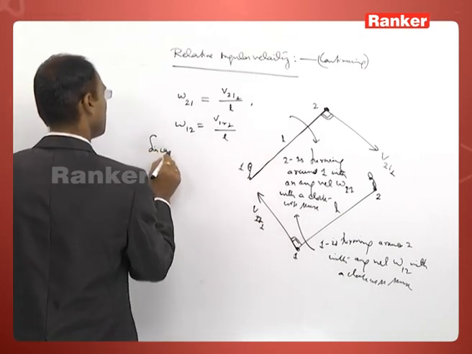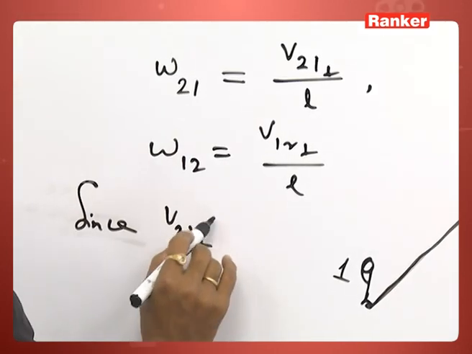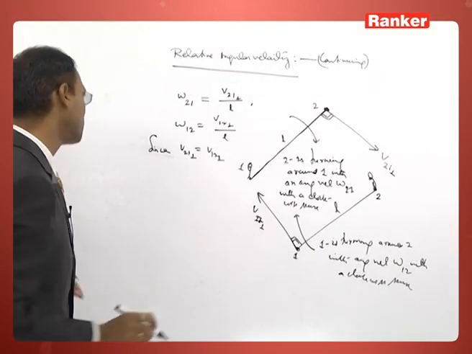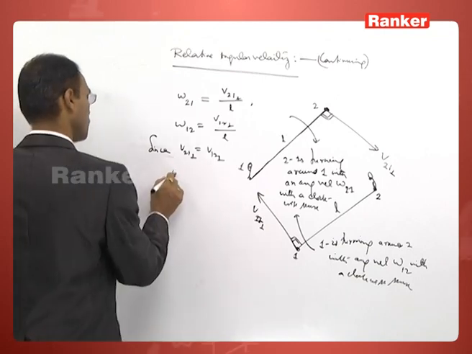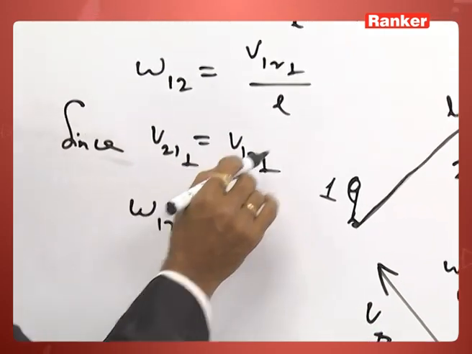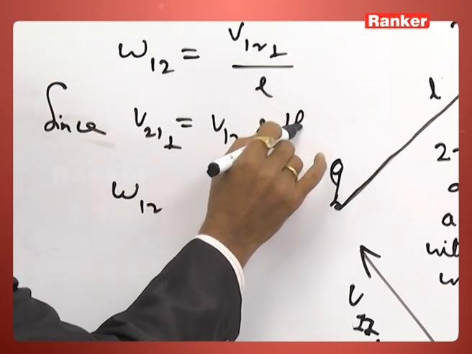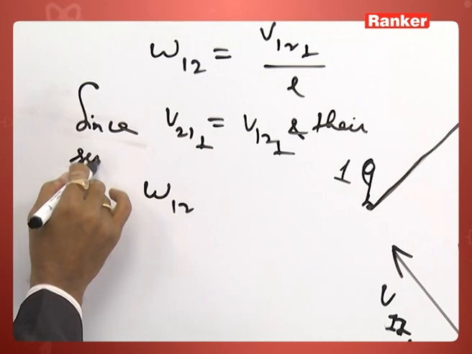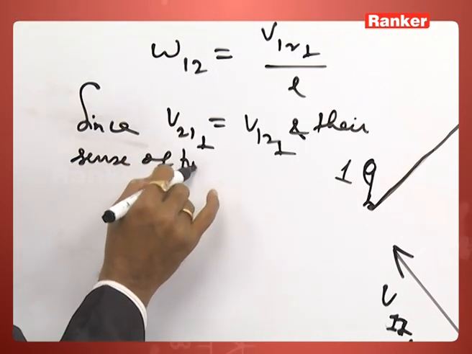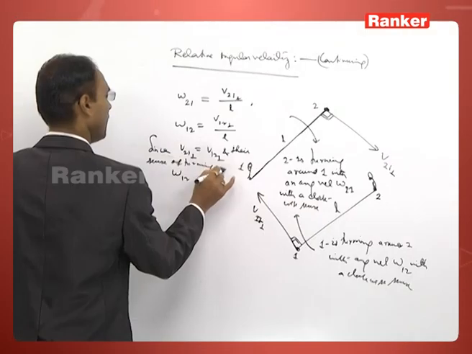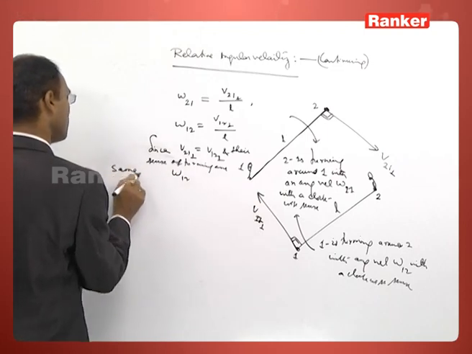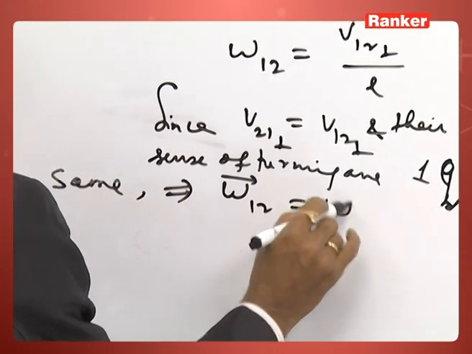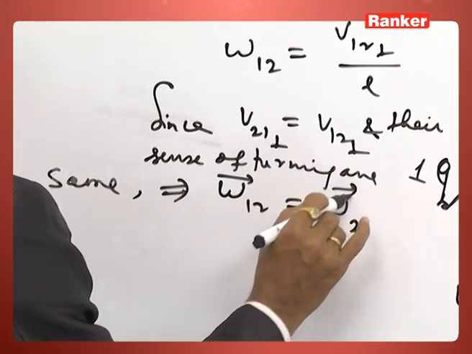Since V21 perpendicular is equal to V12 perpendicular in magnitude, and their sense of turning is the same, then we can conclude that omega 12 is equal to omega 21.